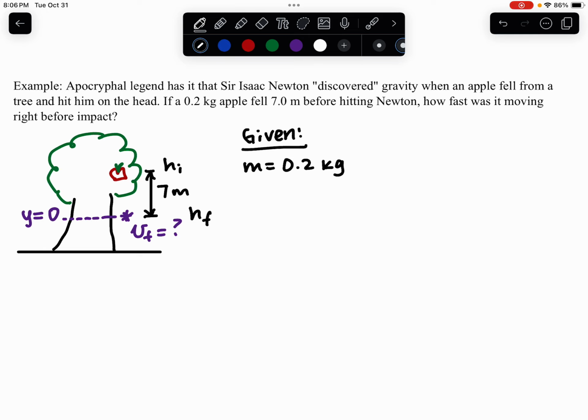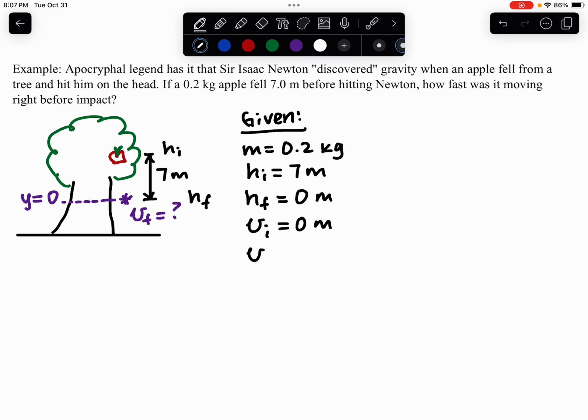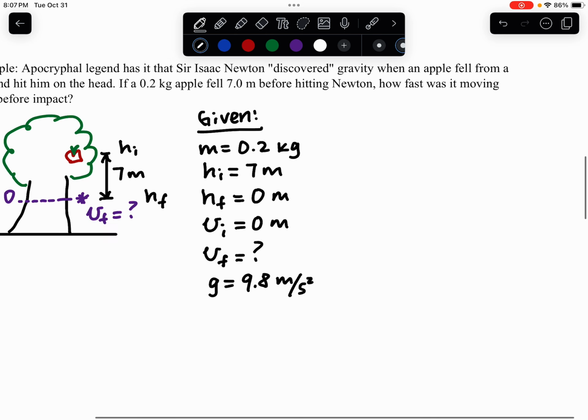So h initial is 7 meters. And then the final height right before impact is 0 meters. The initial velocity of the apple is 0 meters per second, and the final velocity is what we're trying to find. We also know that the acceleration of gravity, which is why the apple fell, is 9.8 meters per second squared.